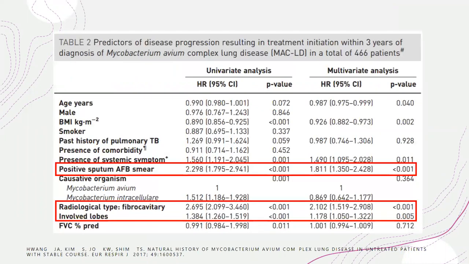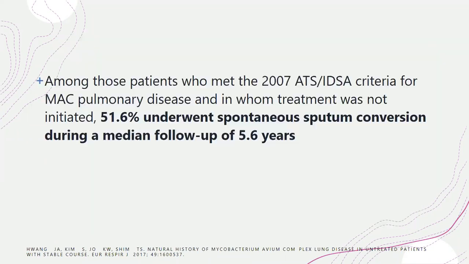Who were the patients at risk of developing progression? They were patients who had acid-fast bacilli smear positivity at the time of diagnosis, or had fibrocavitary disease or extensive bilateral radiographic disease. Those are the patients you want to watch out for. They're at high risk of progression to overt pulmonary disease.